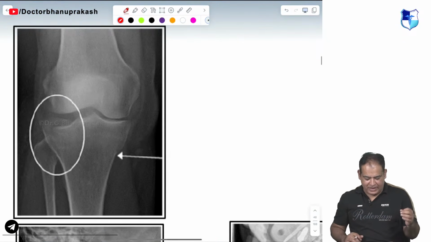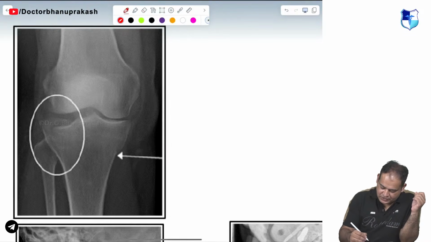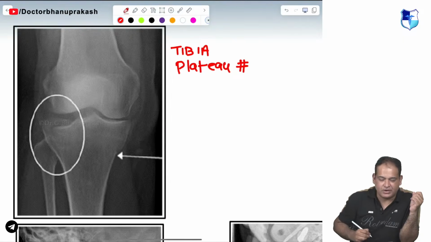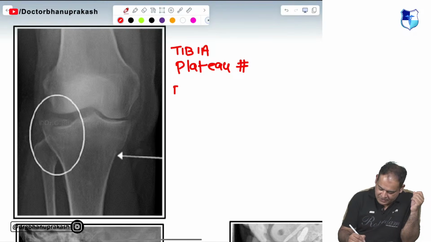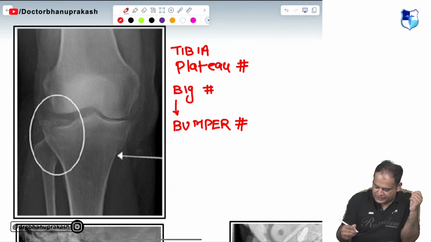Make my day and tell me what is the name of this fracture. So if you see tibial plateau fracture, fine, and it is a big fracture. This is just a mnemonic. B for big, B for bumper fracture.